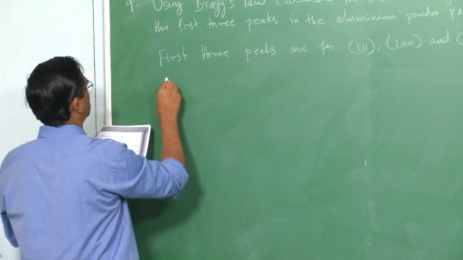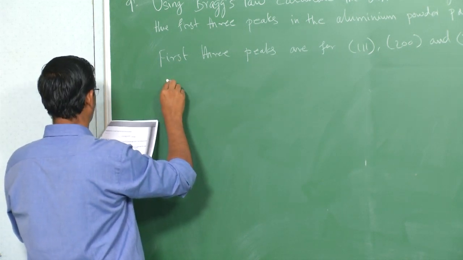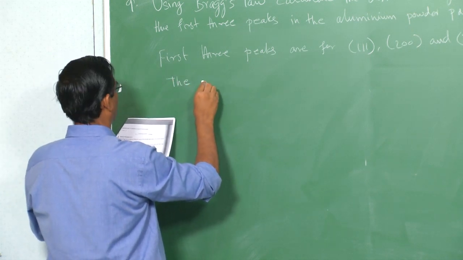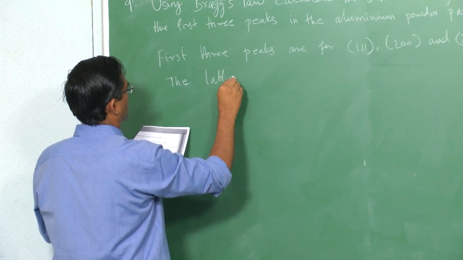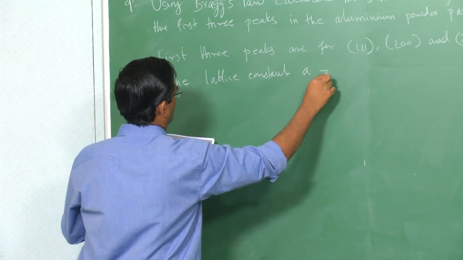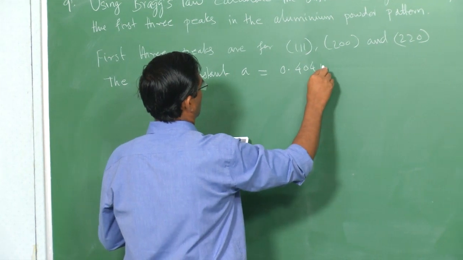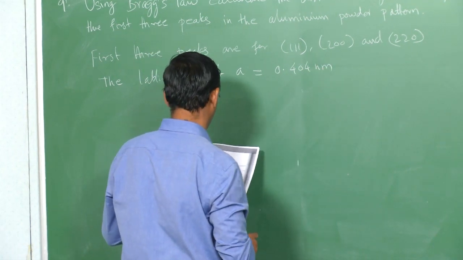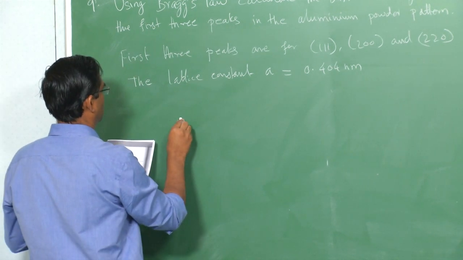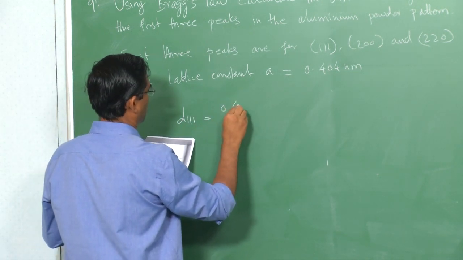And the lattice constant a is given in the problem. The lattice constant a is 0.404 nanometer. So, you have d111.